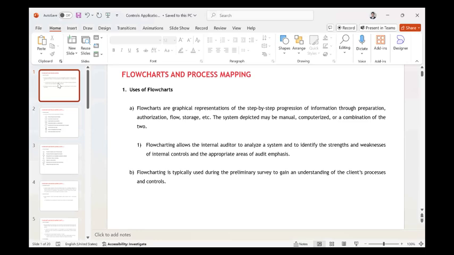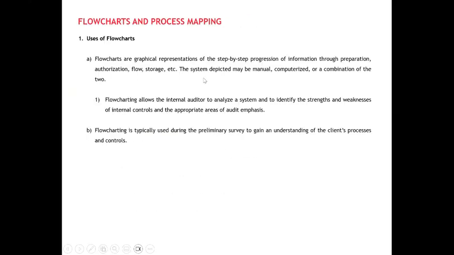It's very easy actually. You don't know about this, but I'll just go through some of these slides. Let me put this into presentation now. So flowcharts, we all know, these are some of the tools that we use in an internal audit. There is a chapter for this, and I will distribute this slide deck, hopefully tomorrow.